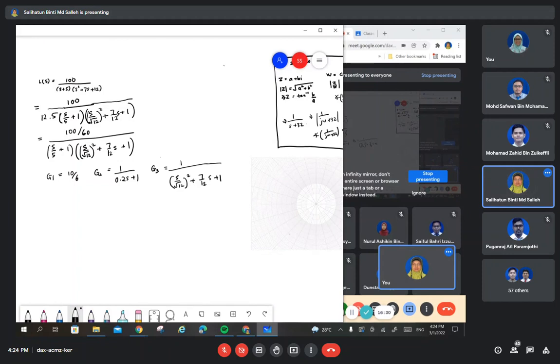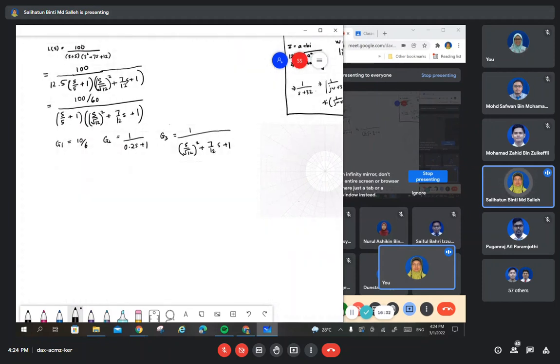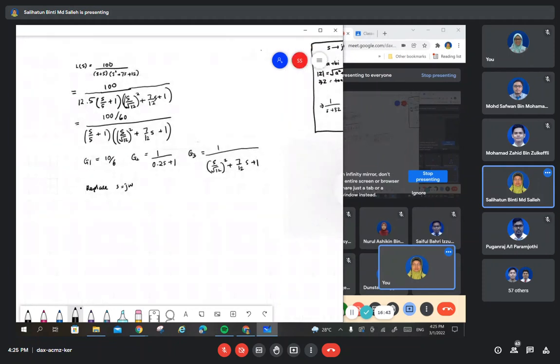Now we replace s equals j omega, and we name it step 1. Step 1. And then step 2, we have the magnitude and also the phase angle.